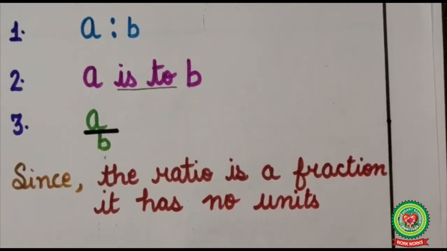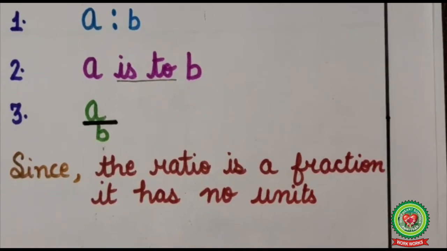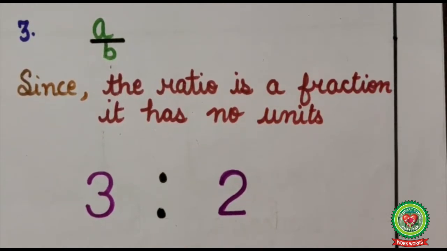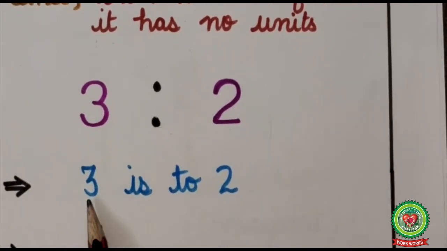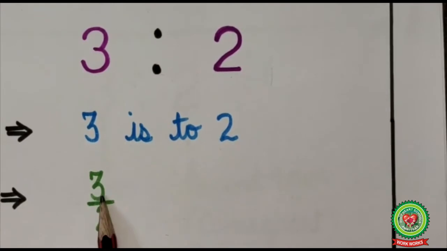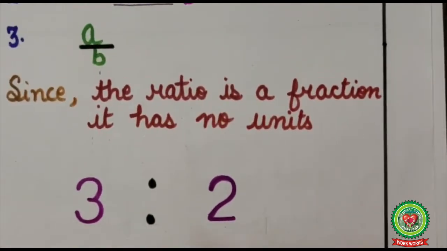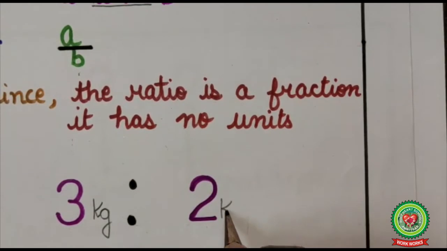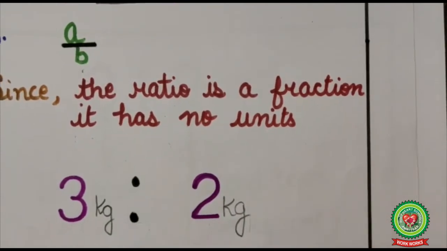Let's understand with an example. Take the example 3:2. What are the other two ways to write it? First one is 3 is to 2, and next is 3/2. Suppose it is given as 3 kilograms ratio 2 kilograms.